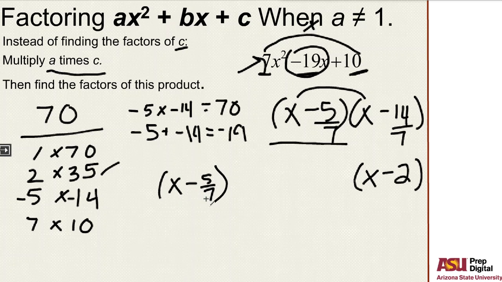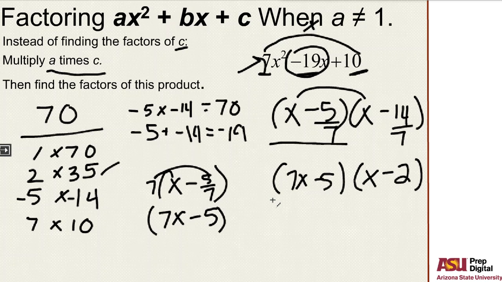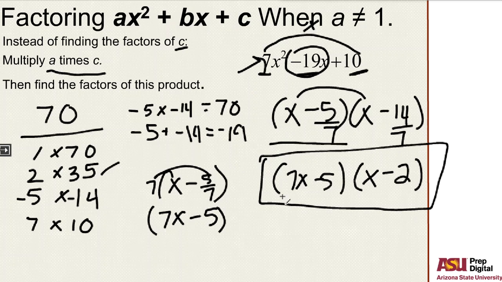Instead of x minus 5/7, I'm going to multiply both of these by 7 to give me 7x minus 5.